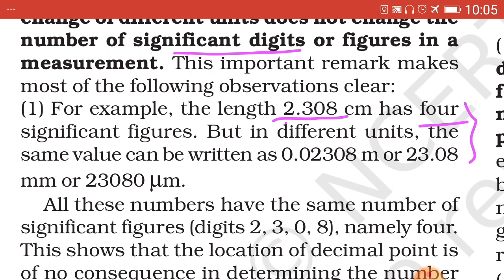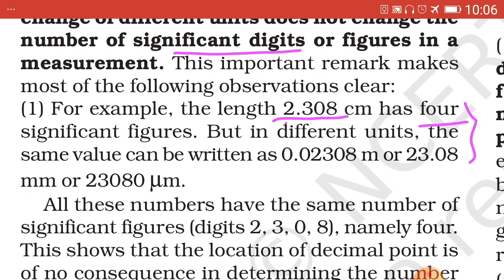If we convert into millimeter, meaning multiply by 10, then it will be equal to 23.08 millimeter. And if we convert it into micrometer, centimeter to meter, multiply by 10 raised to minus 2, and from meter to micrometer it will be 10 raised to 6.